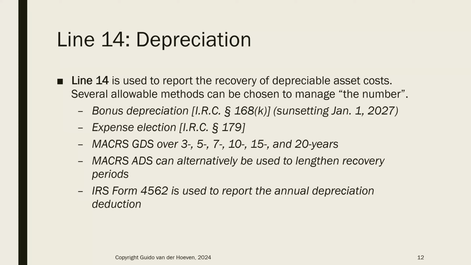A 7-year asset is going to be for used farming equipment. A 10-year asset is going to be a single-purpose agricultural structure, such as a greenhouse or a finishing floor for swine or a poultry barn. A 15-year asset is land improvements. So that's going to be like terraces.